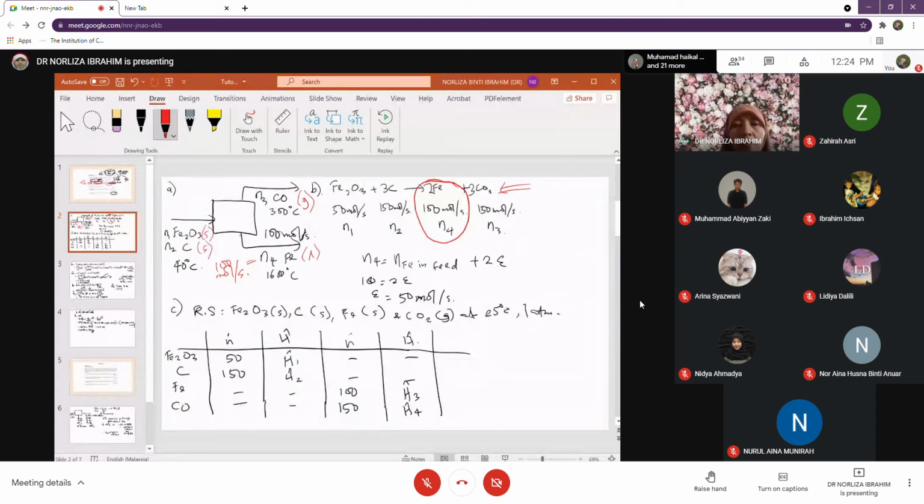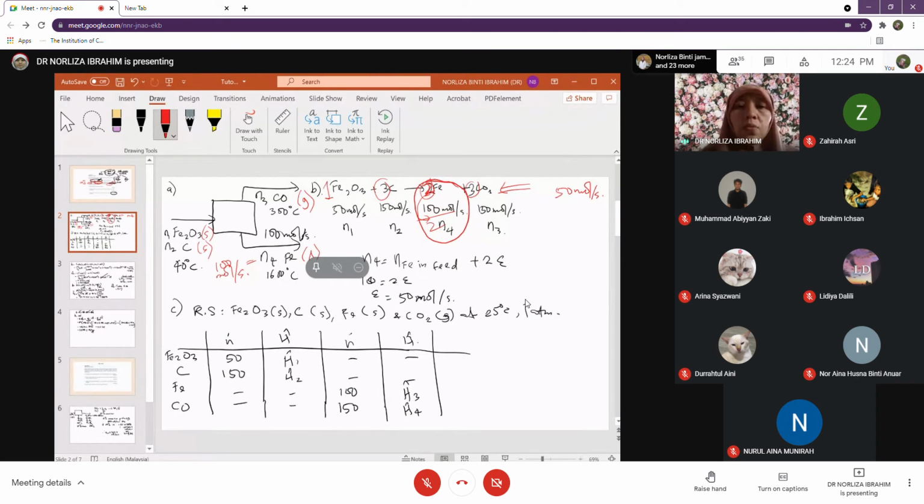Now, if it is fed in stoichiometric quantity and I refer to the stoichiometric coefficients of the components, for every 2 iron produced from the reaction, the 2 is represented by 100. So for every 1 mole, actually 50 mole per second is being produced, which is 100 divided by 2, since the coefficient is 1.